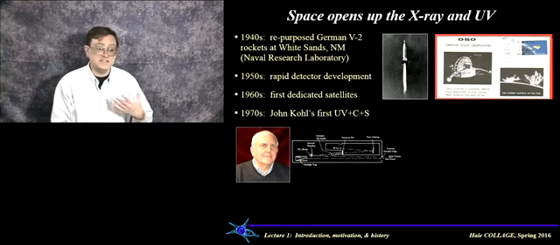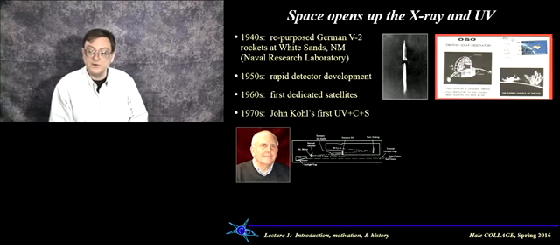There was a lot of detector development into the 1950s and 1960s, to the point where then there were some dedicated satellites. The Orbiting Solar Observatory, shown here on a postage stamp, was launched in 1962, and several other orbiting telescopes were done that, because they got above the Earth's atmosphere, could easily observe the UV and the X-ray.